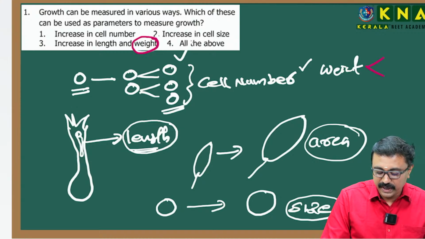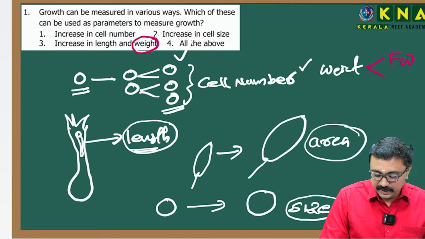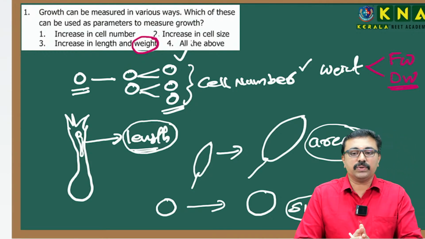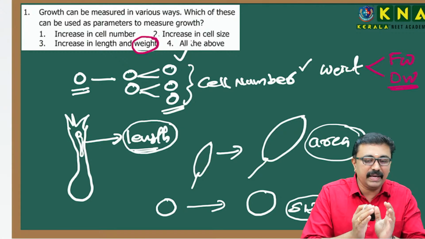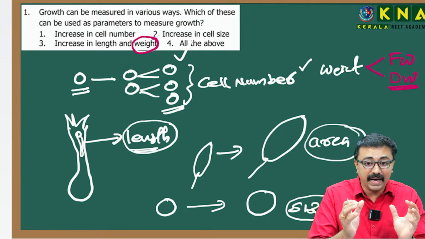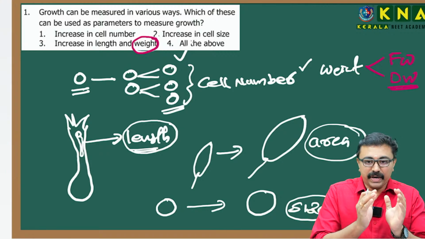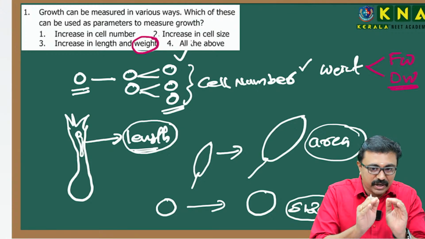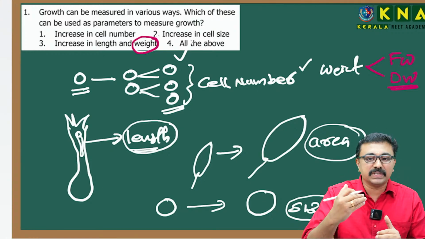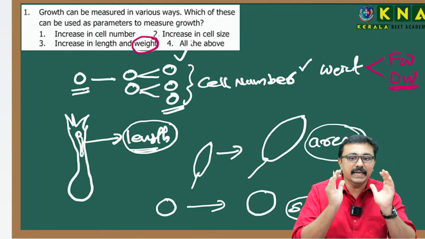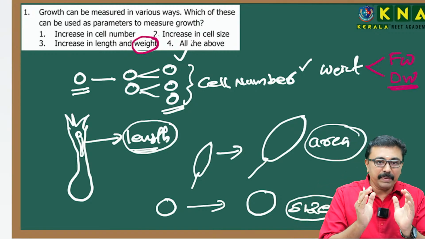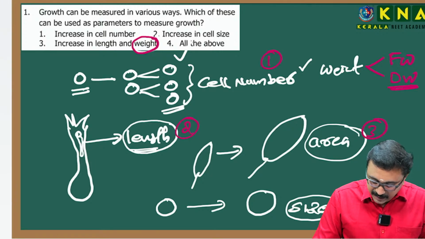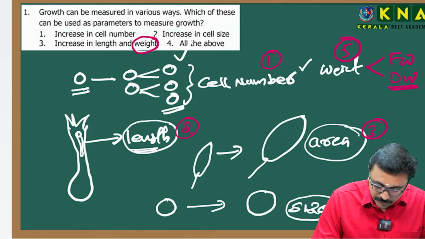Regarding weight, we all know there are 2 types, fresh weight and dry weight. So from this first question we understand that growth is a fundamental characteristic of living things, growth is measurable, and it can be measured using different parameters: cell number, length, area, size, and weight.